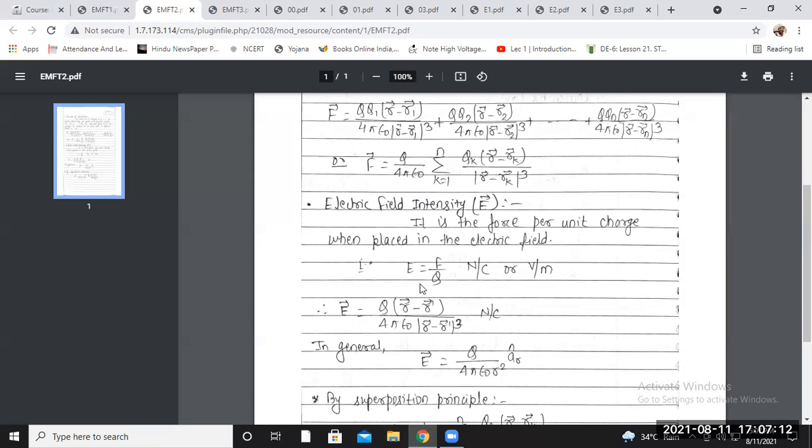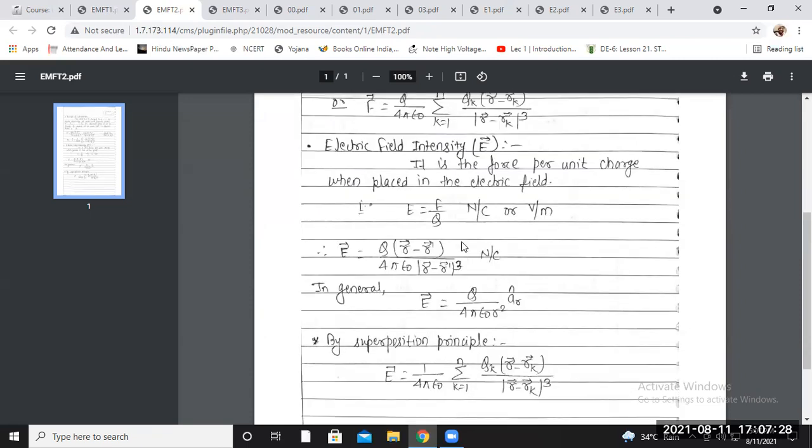It can be written as E equal to F by Q. The unit is Newton per coulomb or volt per meter. Either of them can be used as the unit of electric field intensity.